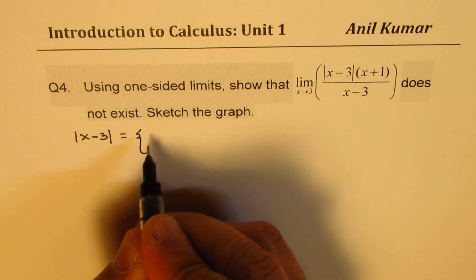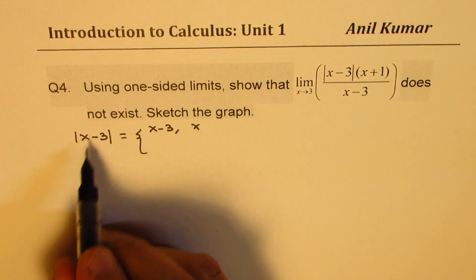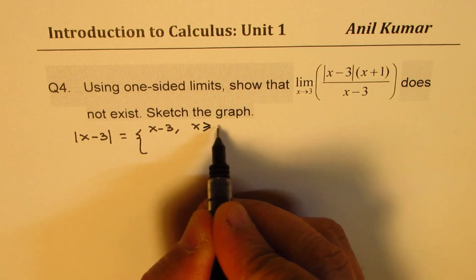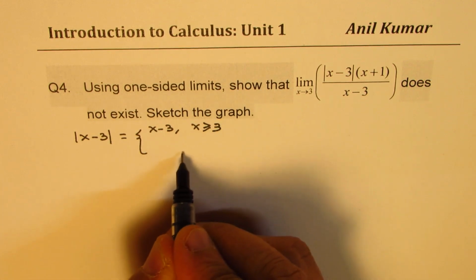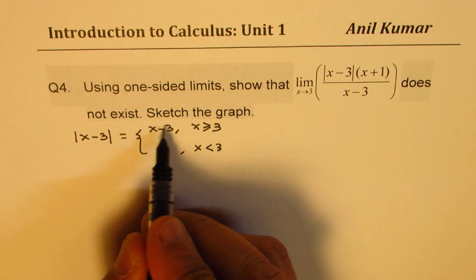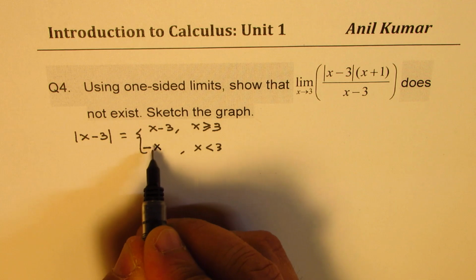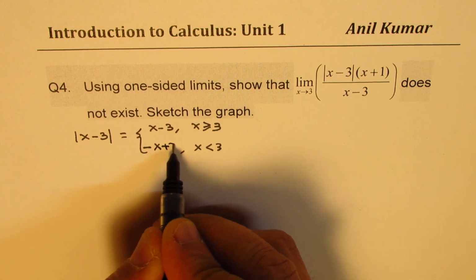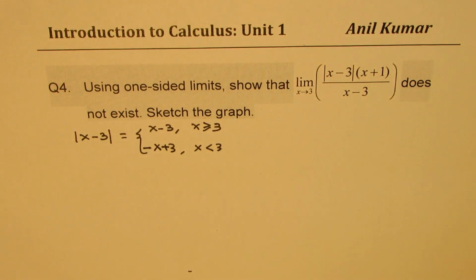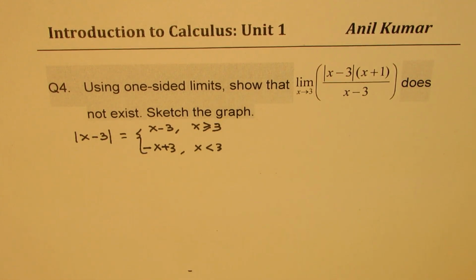Now this function is defined as x minus 3 when x minus 3 is positive, or when x is greater than or equal to 3. But when x is less than 3, then this value is the negative of that. So when I do negative, both, I could write it like this, correct? So negative of x minus 3.